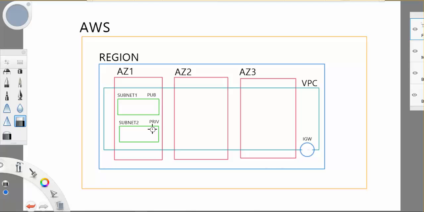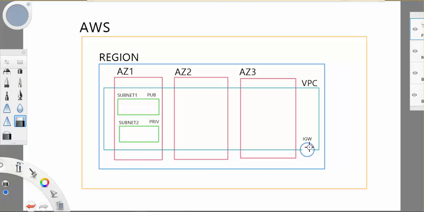In this particular case, they will be able to initiate connections to the outside, but they're going to have to do it by means of another device that we're going to place inside the public subnet that will allow any instances that are inside of the private subnet to be able to access the internet.